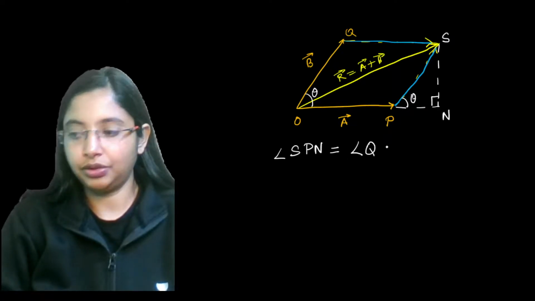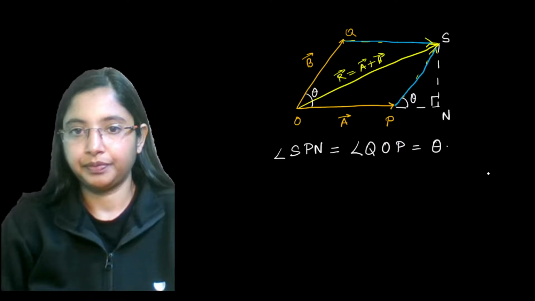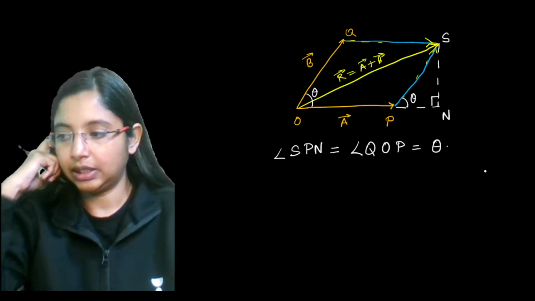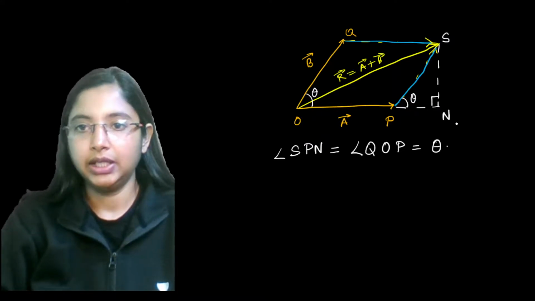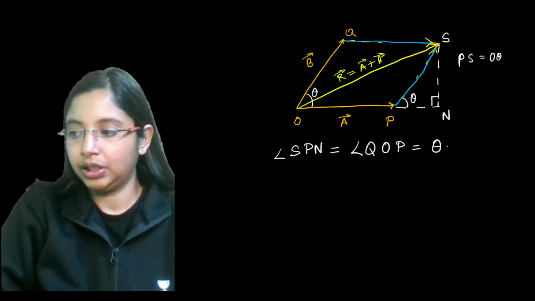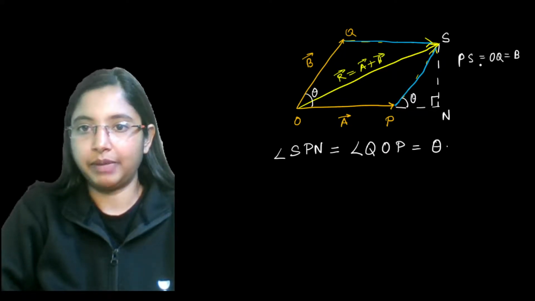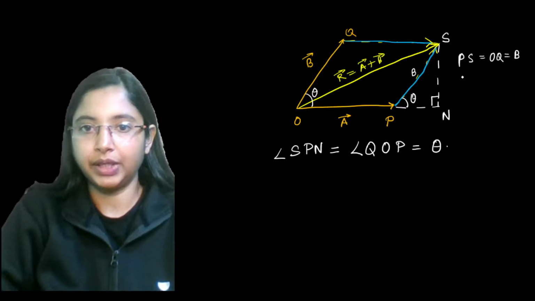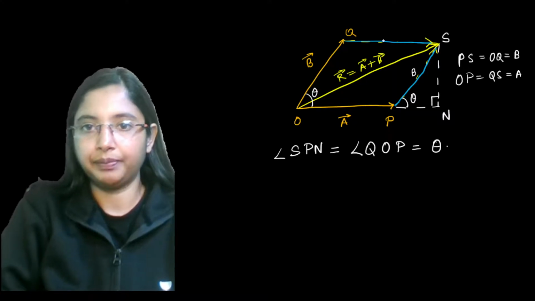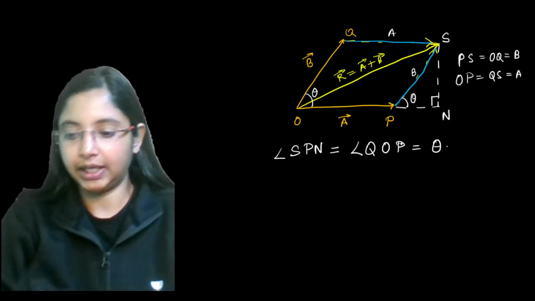So angle QOP and SPN are both equal to theta. Next, we can see the sides: the side PS and OQ are both equal to B in magnitude. Similarly OP and QS have a magnitude A, and the direction is also given.